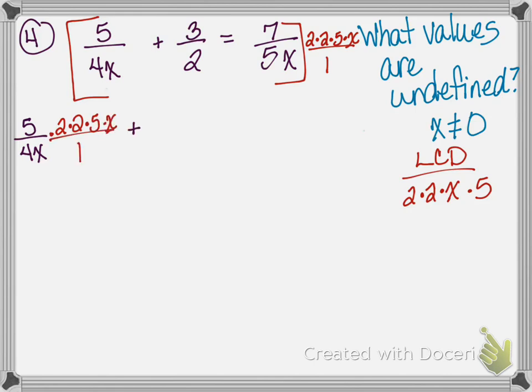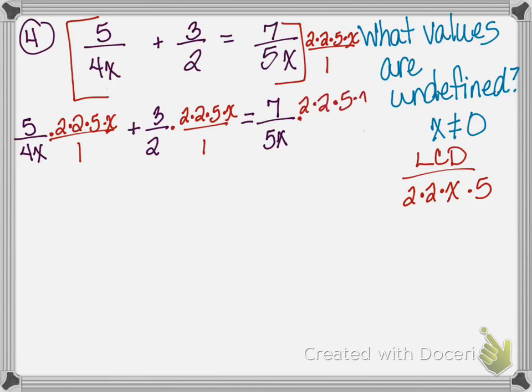Then I have plus 3 over 2. I'm going to multiply that times 2 times 2 times 5 times x over 1, and that's equal to 7 over 5x. And so I multiply that, 2 times 2 times 5 times x over 1.